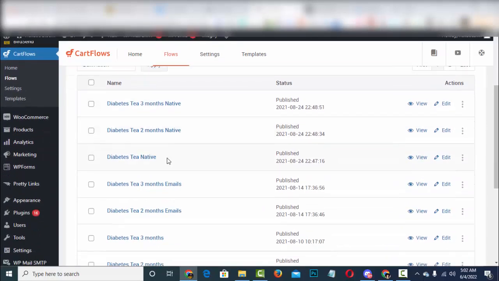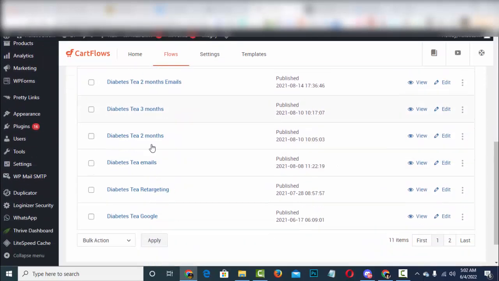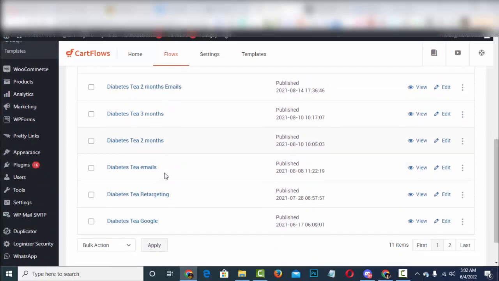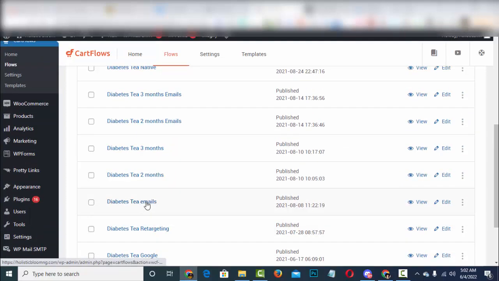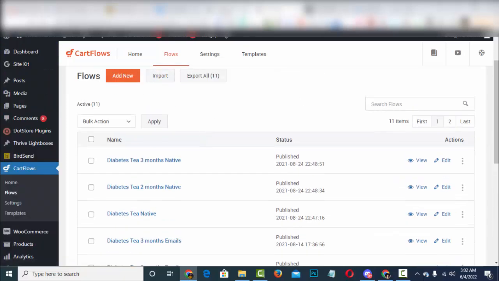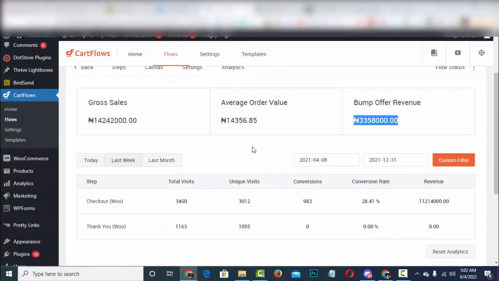Look at this. These are things that I've done and I've tested. This was for Google Ads. This was for retargeting. This is for emails. So yeah, we have different flows, and I'm not ready to get into each of them. But I just want to let you guys know, for that person who is probably doubting what I'm sharing with you guys here. All right, so that is that.